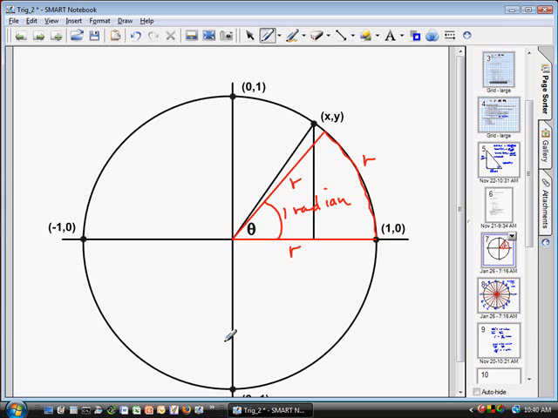Now it gets a little bit tougher when you get to like 47. Okay, what's the complement of pi over 12? Well, what does this other angle have to add up to for complement? It's got to add up to pi over 2.